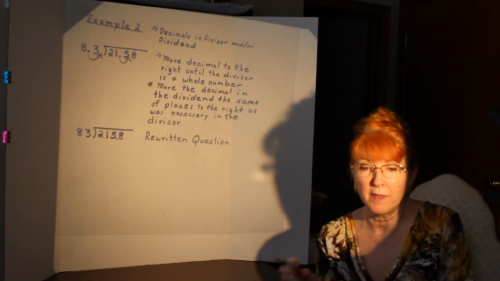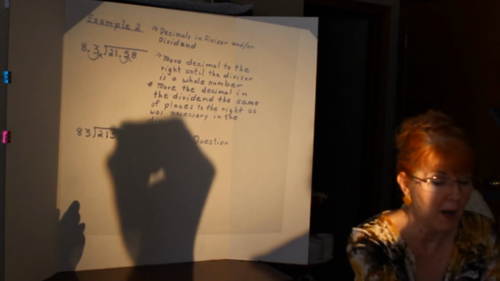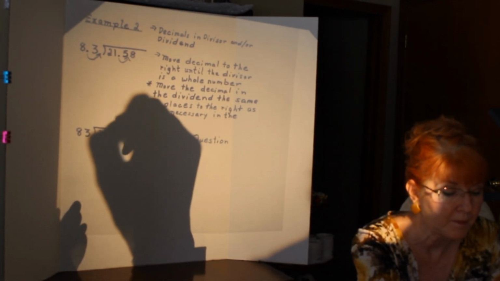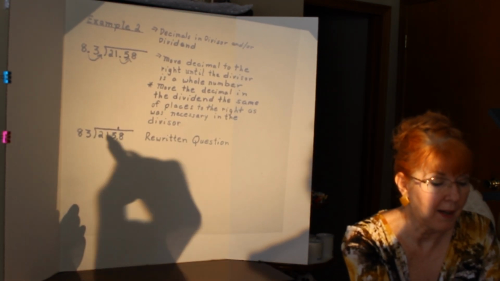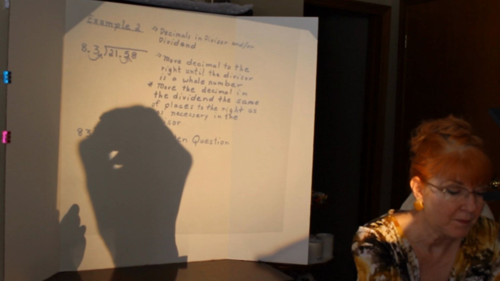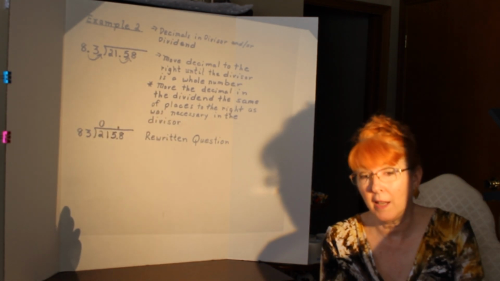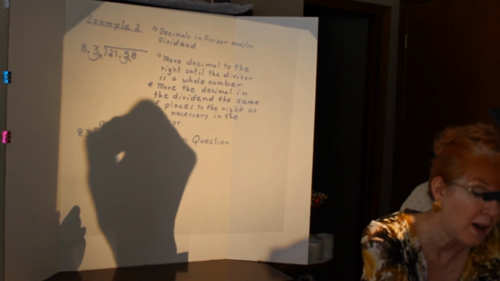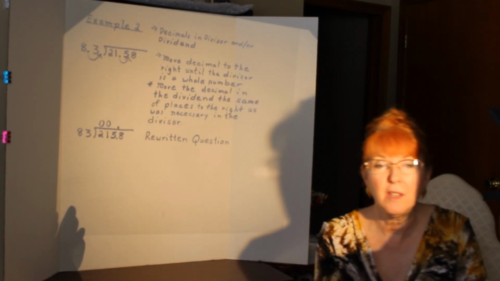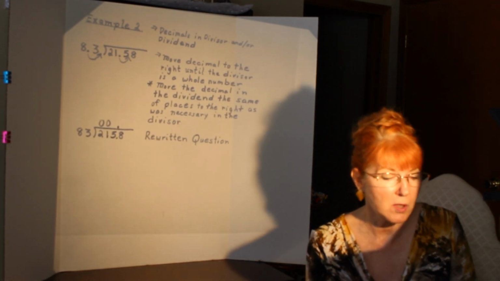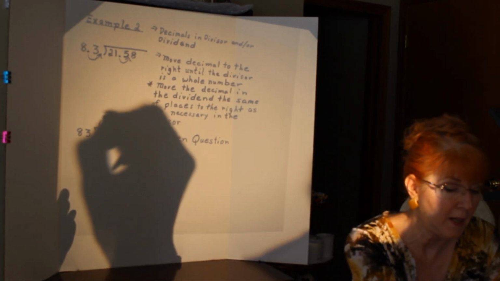Now it's only in the dividend, so you just move it up into the quotient and divide as usual. How many 83s can you get out of 2? Well, you can't get any. How many 83s can you get out of 21? Can't get any of those either. So how many 83s can you get out of 215? Closest number would be 2.